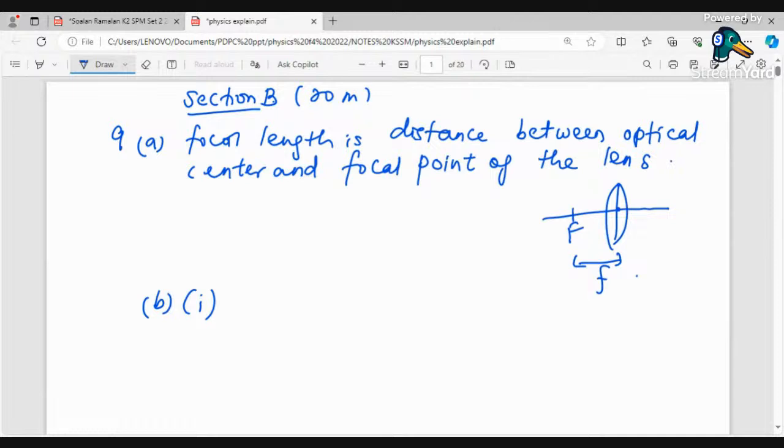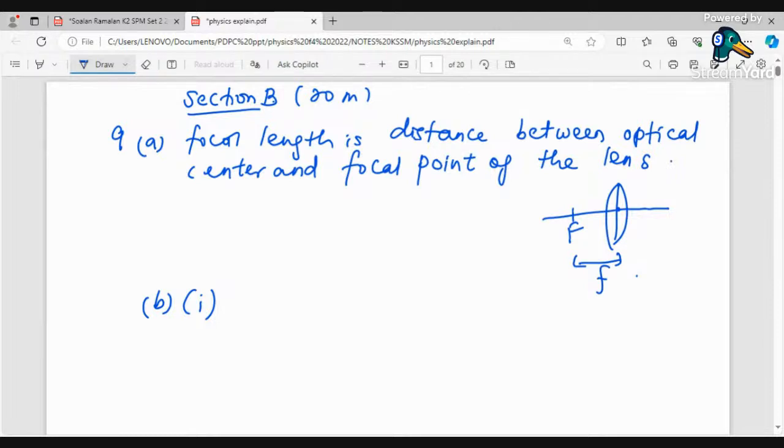Normally for a camera of the phone, we must make sure the sensor is at the focal point of the convex lens, so that the light rays from the object parallel to the main axis will be refracted and converged to the focal point.